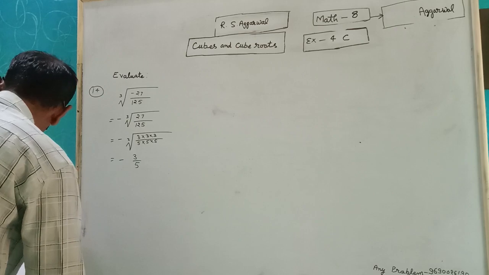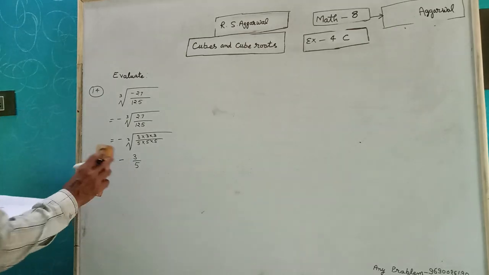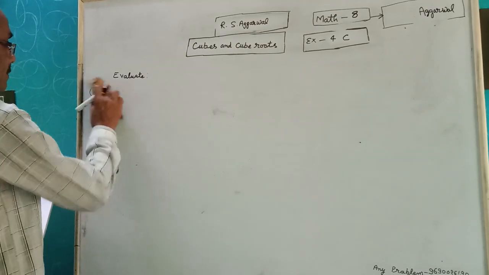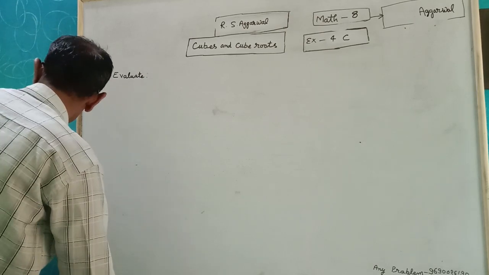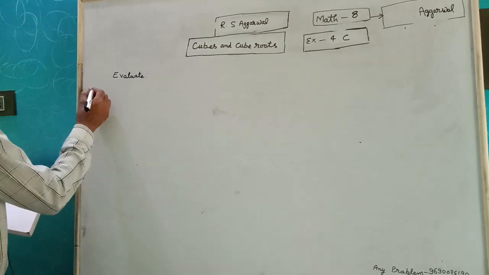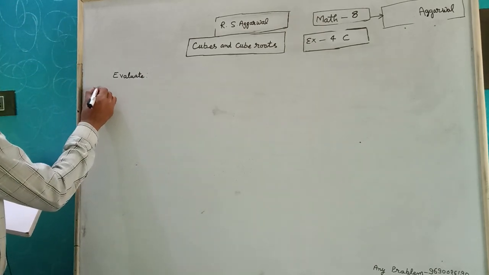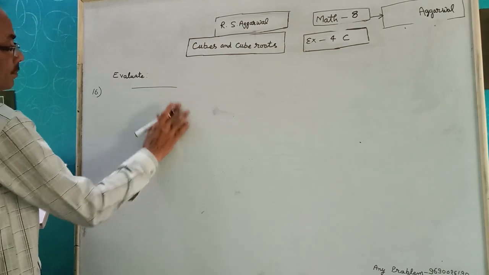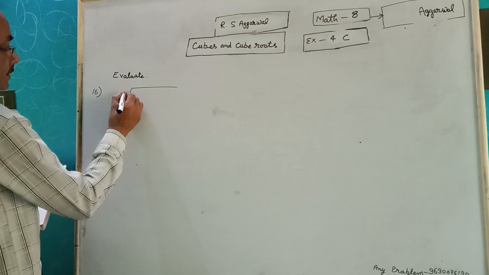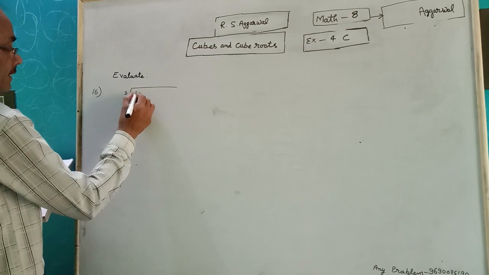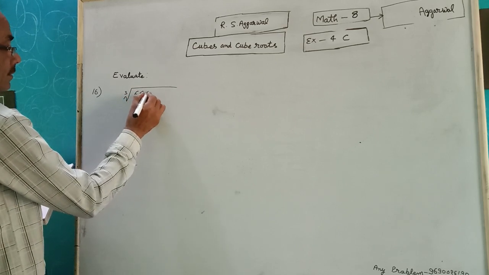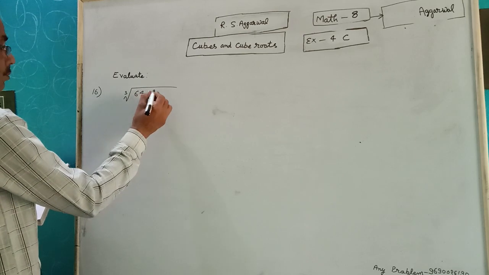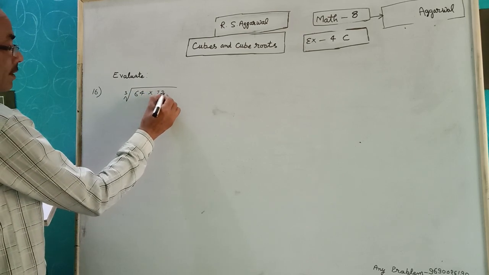Question number 16. 16 will be cube root of 64 into 729.